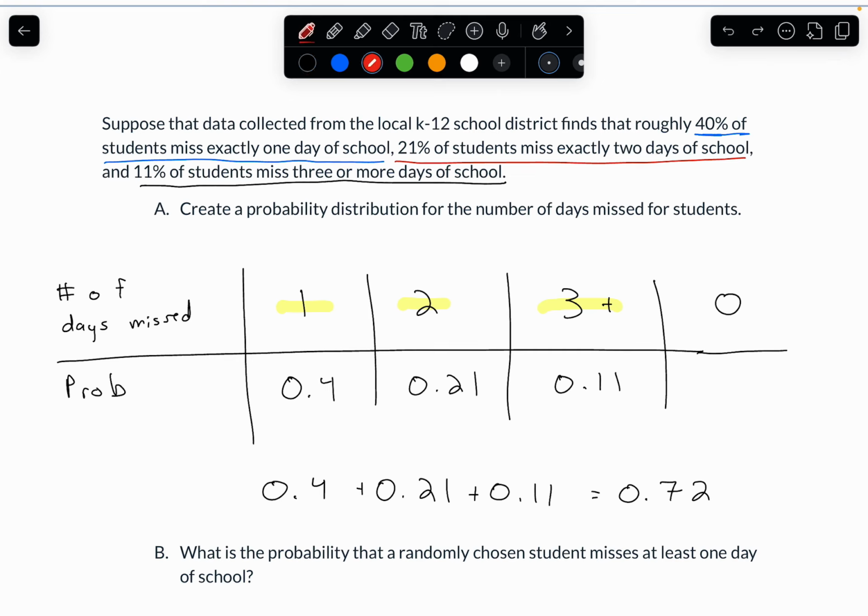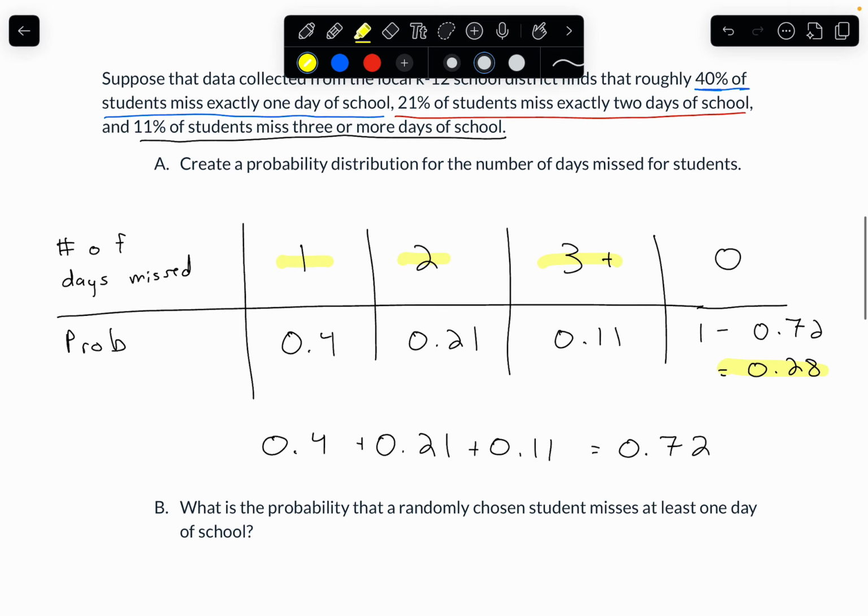So essentially, these 3 cases serve as the complement to missing 0 days of school. So I can find the probability of missing 0 days of school by taking 1 minus 0.72, which gives me 0.28. So the probability that I miss 0 days of school would be 0.28.